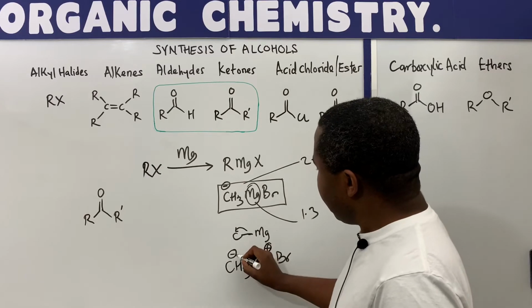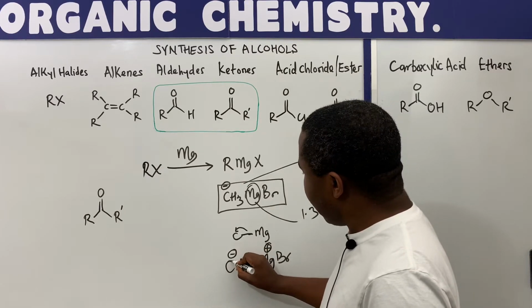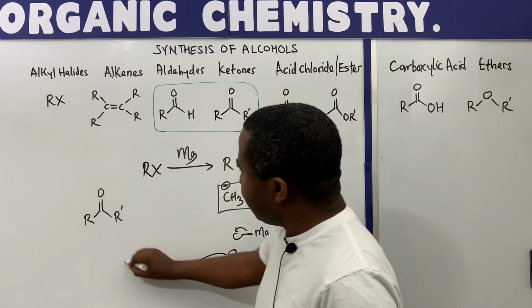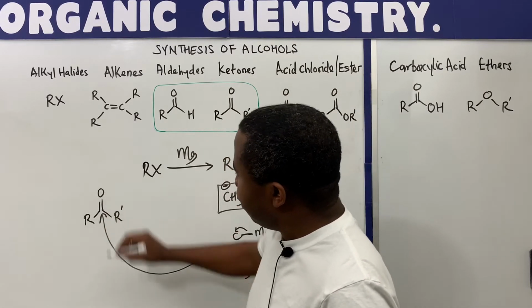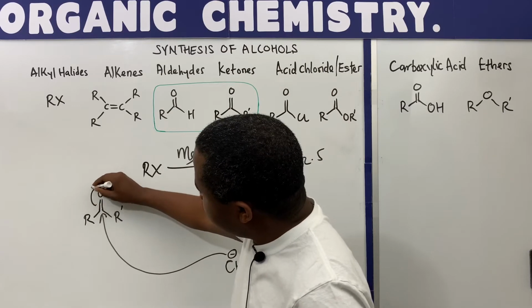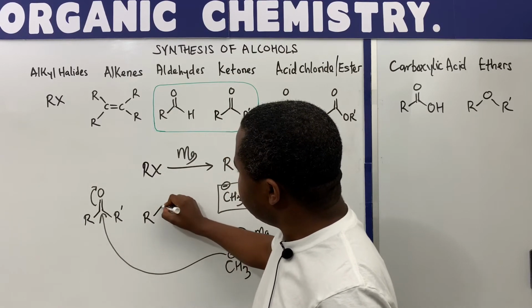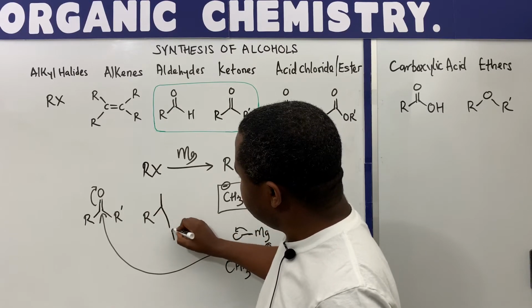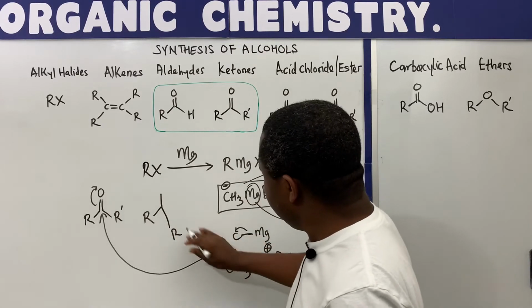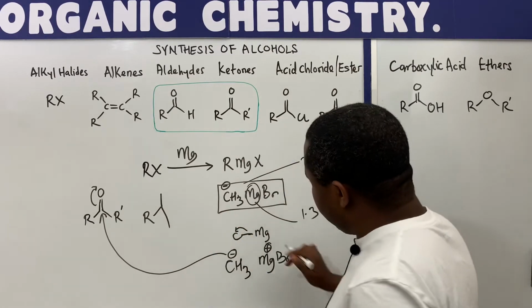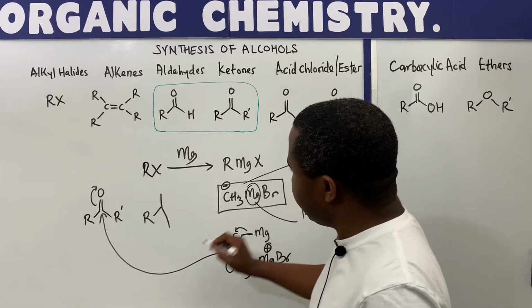So that we can have the carbon as a nucleophile, such that we can have a nucleophilic attack on the carbonyl compound, and then we can form the alkoxide. So we have something like this. Okay, so this is a methyl group. So we are considering this as our Grignard reagent.